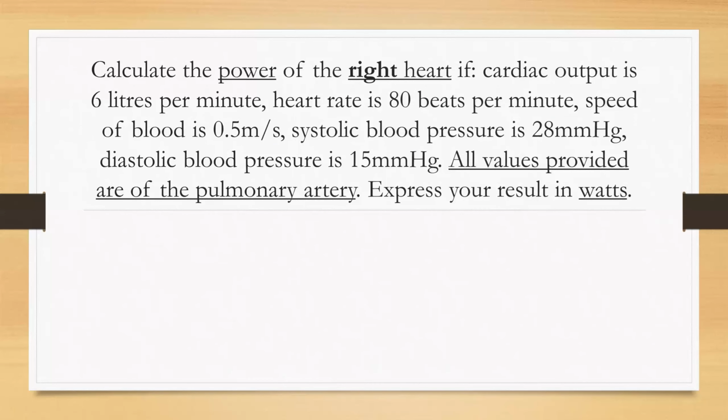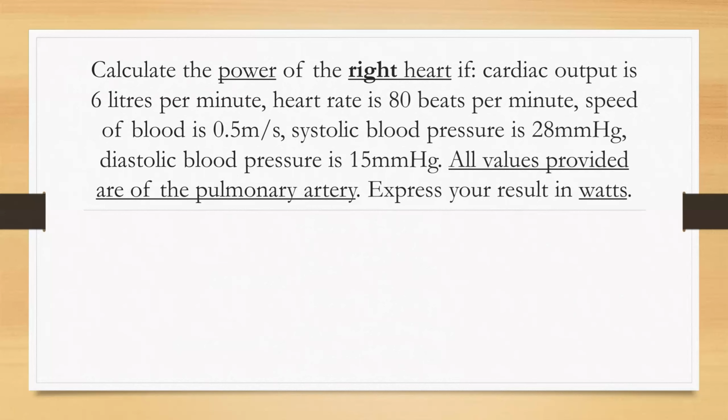So now we are nearing the heart work. Here we have the power of the right heart, because it includes the right atrium and right ventricle. If cardiac output is 6 liters per minute, heart rate is 80 beats per minute, speed of the blood is 0.5 meters per second, systolic blood pressure is 28, diastolic is 15.